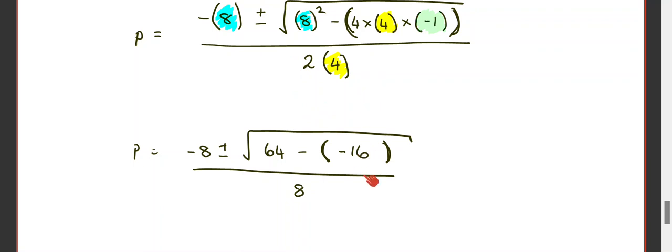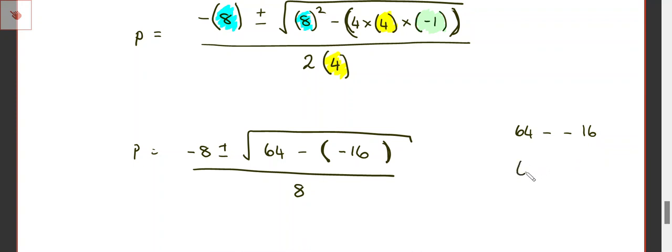Now, you asked the question, is subtracting 16 the same as subtracting negatives? What do you think? I said it's not. So I'm just going to take this bit here, 64. I'm saying subtract negative 16.